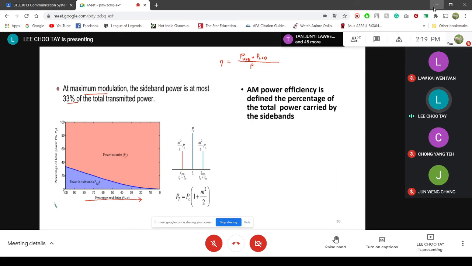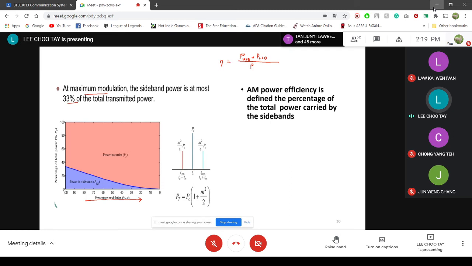Its center frequency is here, and the passband of your bandpass filter has to have a bandwidth equivalent to the bandwidth of the baseband signal. Then you're able to pass the upper sideband signal, and you only transmit the upper sideband.